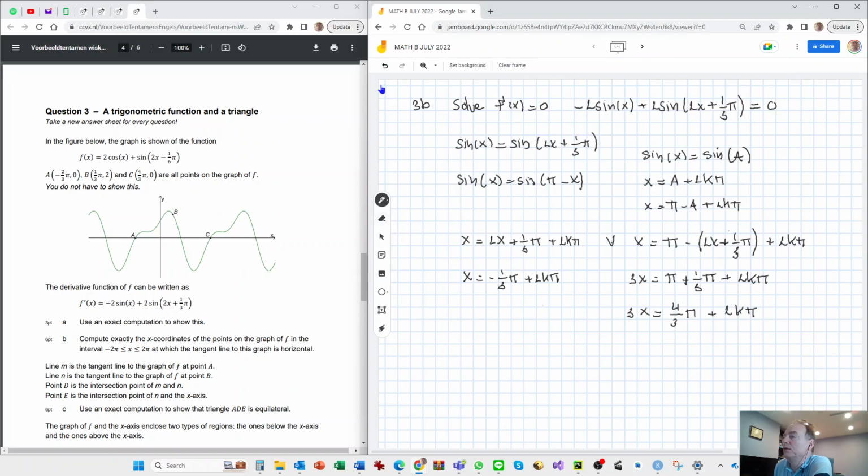No. Okay, step back. Let me actually fix it here. I bring my x to the left, I get 3x, and then I just do pi minus 1/3 pi.